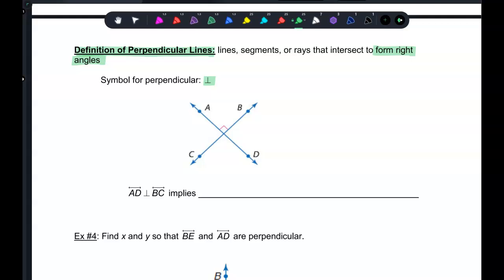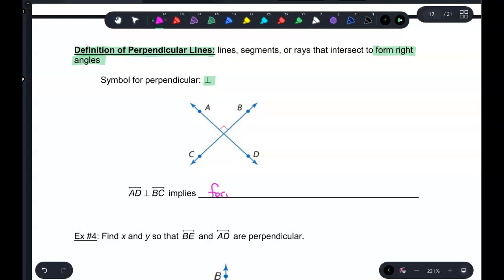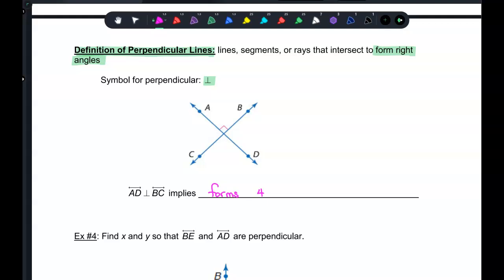So here we have lines AD and BC are perpendicular. So what can we say about the 4 angles? They're all right angles. And I'm going to put in here forms 4 right angles.